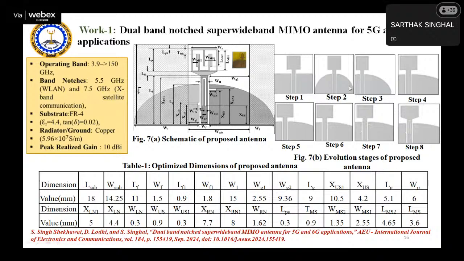With each step, if we talk about the difference between step number 2 and 3, in step 2 the ground planes are symmetric with respect to your antenna element and the feed line, but in step 3 we have introduced asymmetric feeding, that is, the left half of the leftmost ground plane is etched out. In this manner, there will be two modes which will result in bandwidth enhancement.